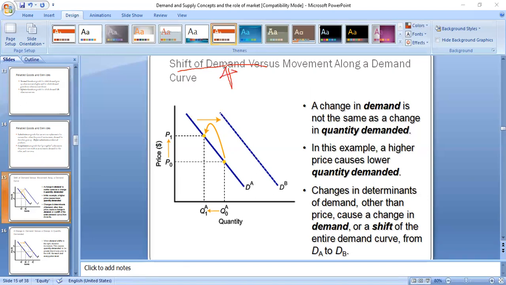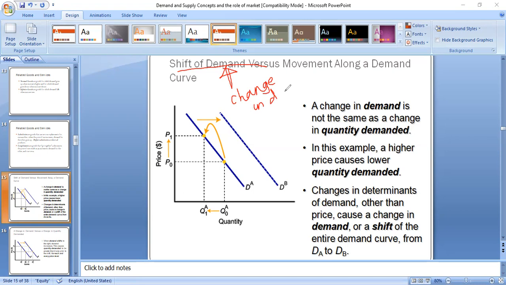A change in demand basically involves the shift of the demand curve either to the left or to the right due to non-price factors that affect demand.